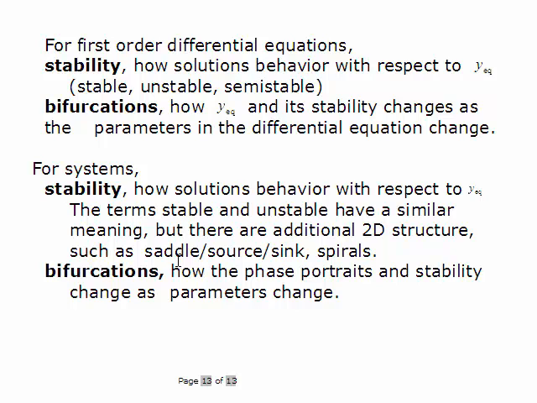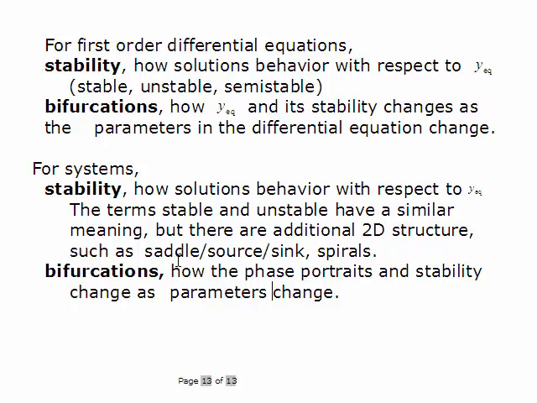For systems, we again look at stability, but the words stable and unstable have similar meaning, but there are additional structures. There are things called saddles, sources, sinks, spiral sources, spiral sinks, single tangent sources, single tangent sinks. So there's a lot more structure here when you come to stability. It's not just those three terms anymore.